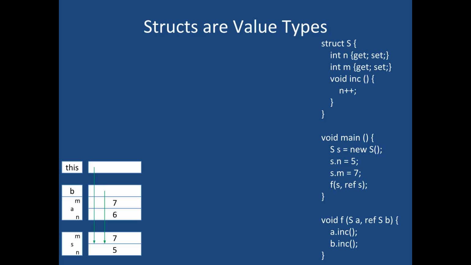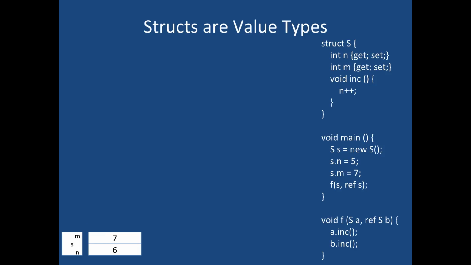So we call b.increment. When we call a method on a struct, basically the struct is being passed by reference. That's why I'm drawing a green arrow here. And that one is operated on. And then we return. So when you call a method on a struct, this, the struct being manipulated, is passed by reference.